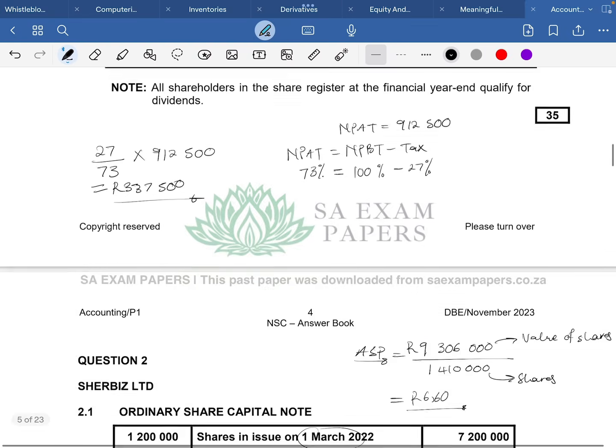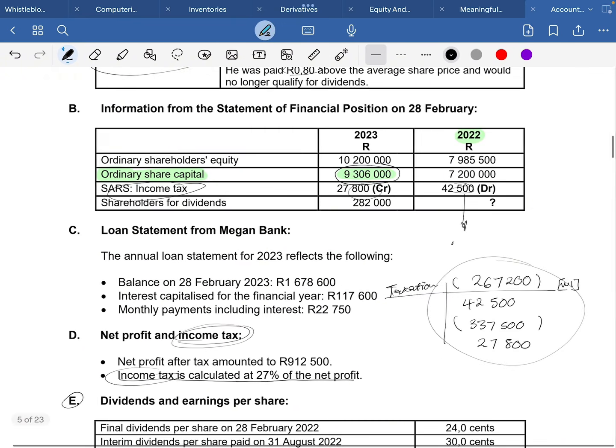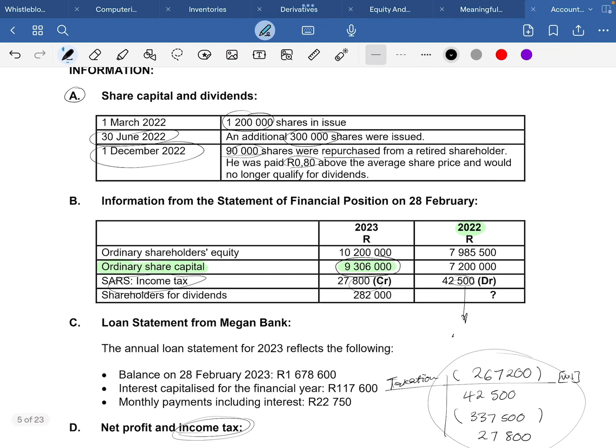With dividends paid, we have information E. Information E talks about dividends and earnings per share. Final dividends per share on 28 February 2022 was 24 cents. Remember the information that they give us here, that the 90,000 shares do not qualify for dividends.